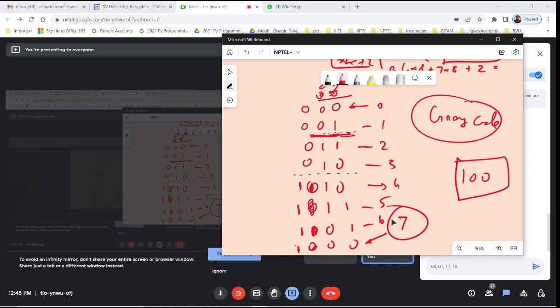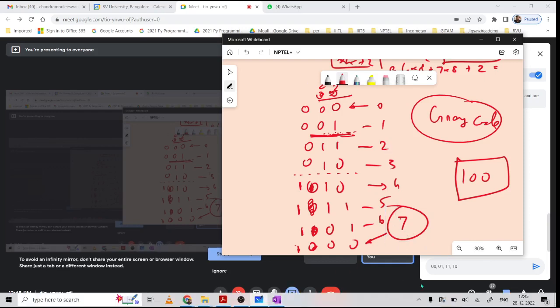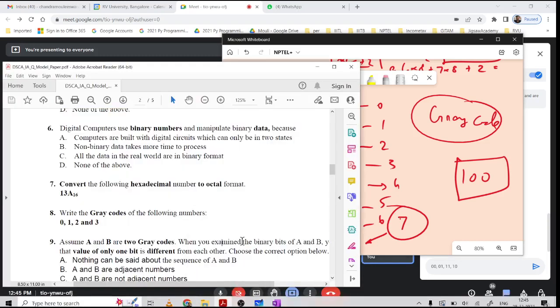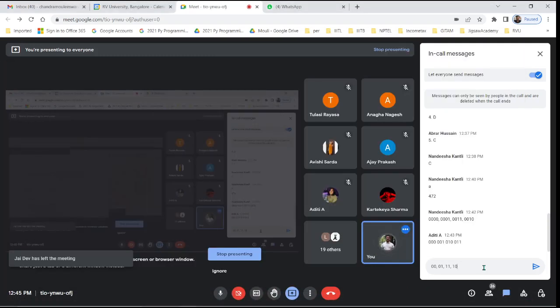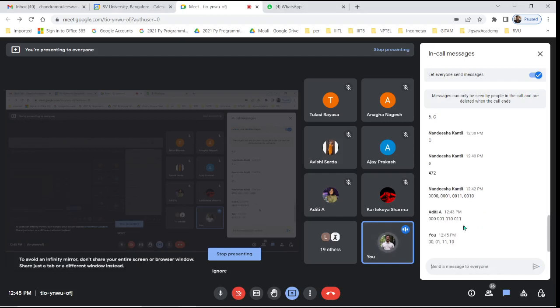In case I ask you what is the equivalent gray code for number 7, I don't want you to mug it up. This sequence you can actually derive. It depends on your memory capacity, but preferably do not mug up. So that's the reason this is like this, Aditi. I hope you got it.